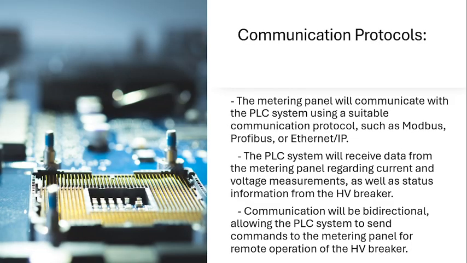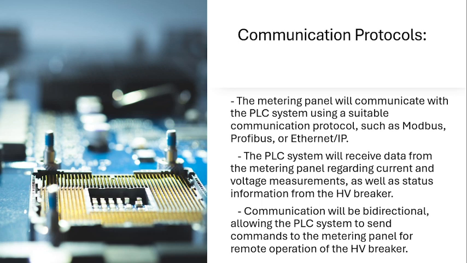For the communication protocols, the metering panels communicate with the PLC system using suitable protocols such as Modbus and Ethernet. The PLC system will receive data from the metering panels regarding the current and voltage measurements, as well as other status information from the HV breaker.